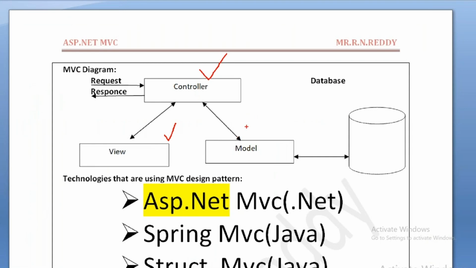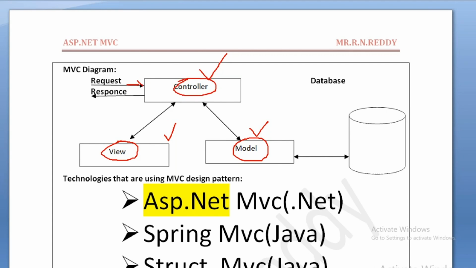Now, Syed, you observe here: controller. This is view. This is model. Now, model will contain the data access logic called ADO.NET code, and view will contain the UI code, user interface code. Controller will contain the execution logic.